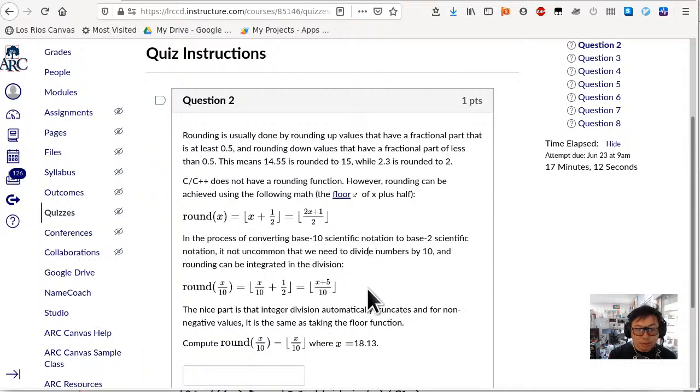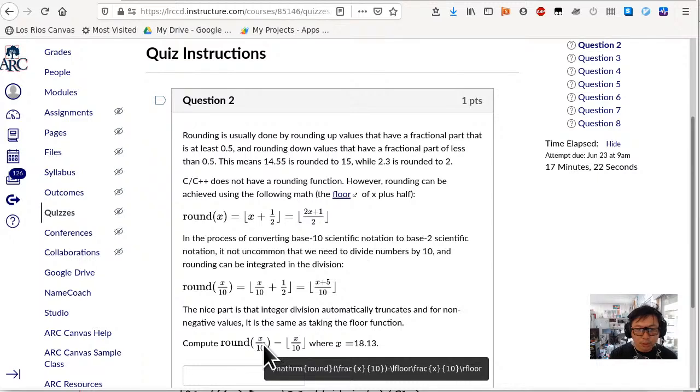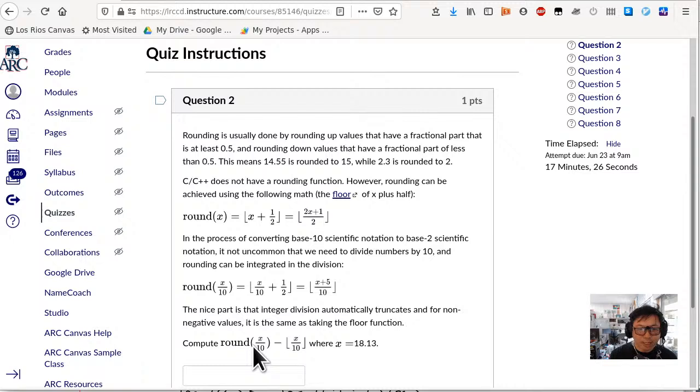So to answer the second question, we just have to look at what x is, and then plug x into both of these places over here. So we have first 18.13 divided by 10, and we want to round that. So according to what we can do over here, if I'm rounding x divided by 10, I can add 5 to x first, and then divide it by 10, and then take the floor of that.